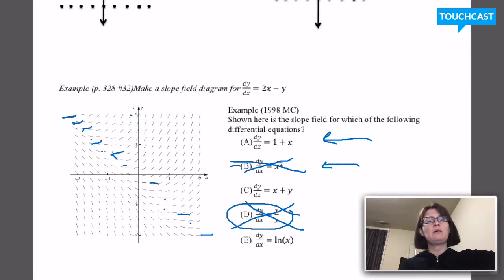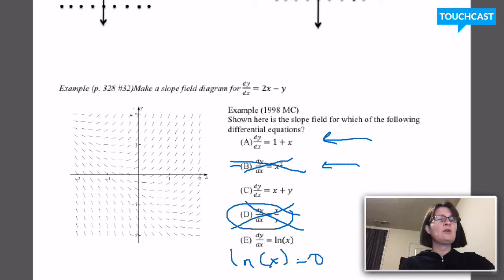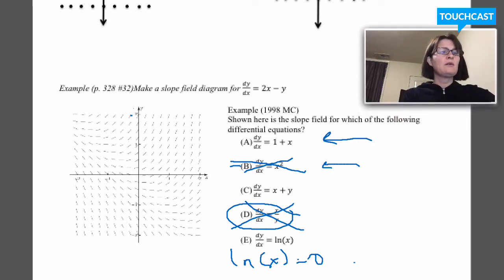Other things you could think about. Let me see about this sort of trail of 0 slopes that I have. dy/dx equals natural log of x. So is there something I could plug in for x that would make the slope 0? Well, the natural log of e is 1, so it doesn't help. The natural log of 1 is 0. So I would expect the natural log of x to equal 0 when x equals 1.